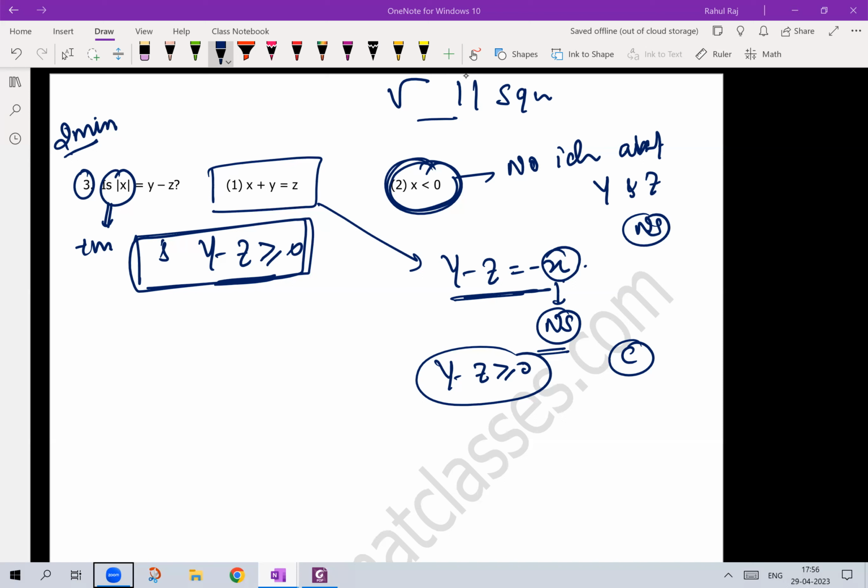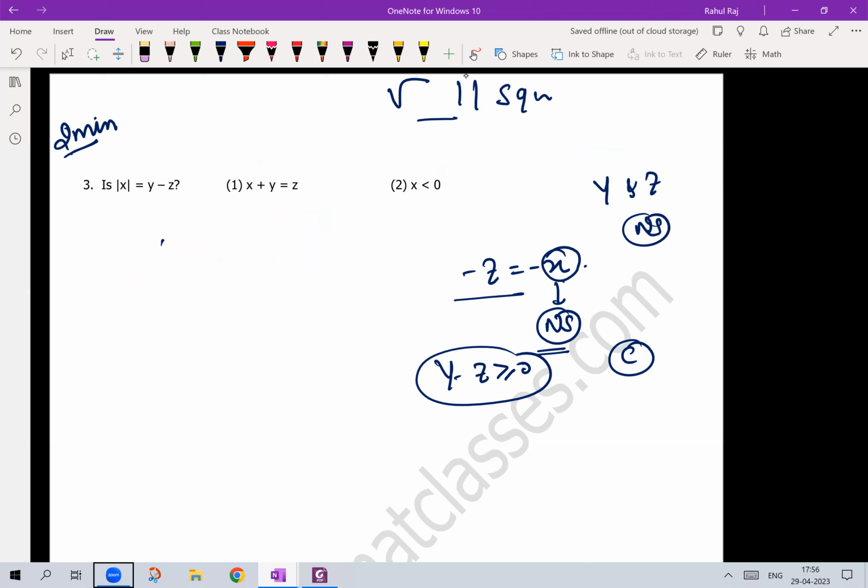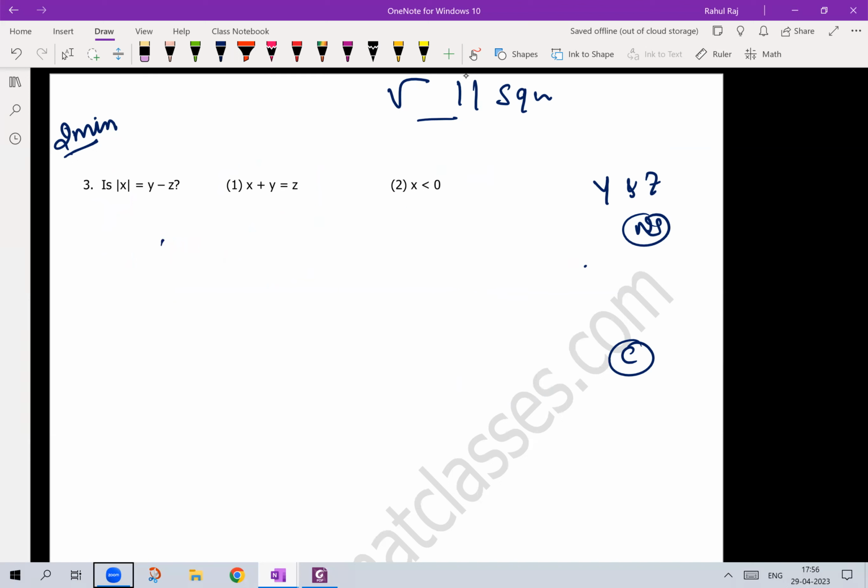Yeah, so two sets we're going to take. First set, suppose x is positive. Suppose x is 5, and y is 3, and z is equal to 8.